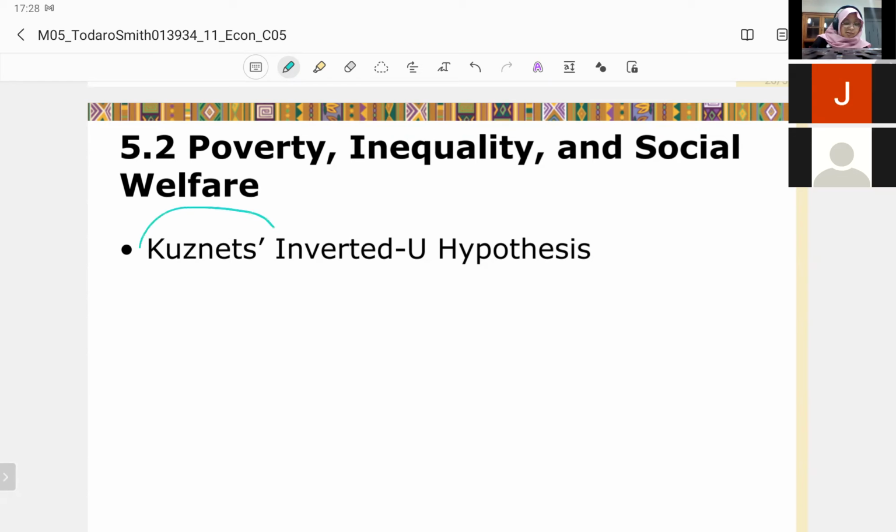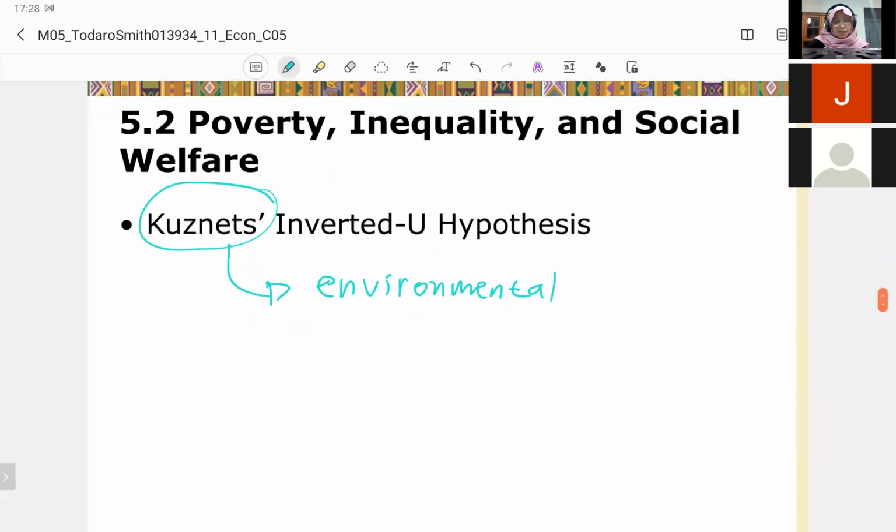So the Kuznets curve, we sometimes see the Kuznets curve in the topic of environmental economics, where Kuznets said that pollution is necessary for economic growth. At some point when an economy is growing, the pollution is going to go high, but at some point it's going to reach its saturation point and then go down.